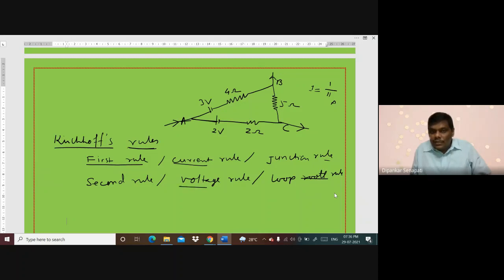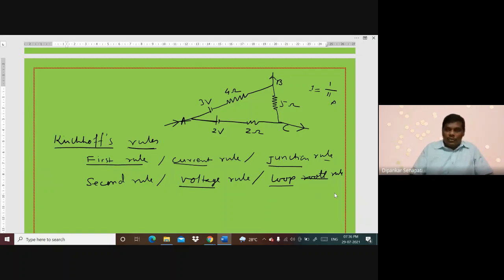The second deals with voltage drop or voltage rise. The first law is applicable at a junction, therefore it is the junction rule. The second is applicable for a loop, a closed circuit, therefore it is the loop rule.